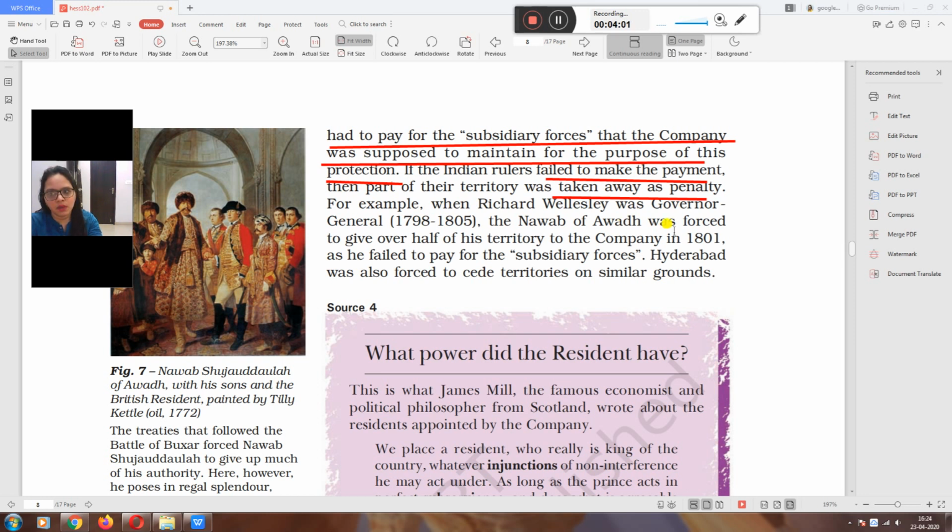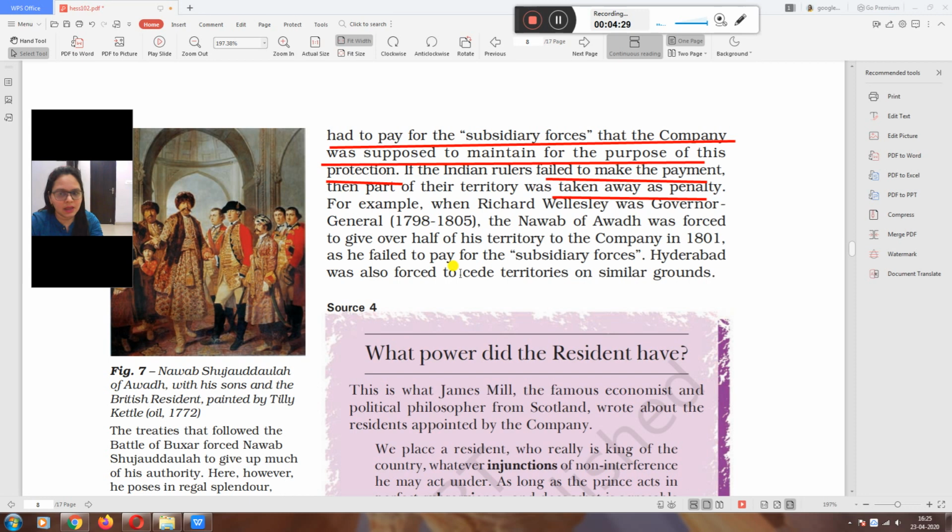He was forced to give over half of his territory to the company in 1801 as he failed to pay for the subsidiary forces. Hyderabad was also forced to cede territory on similar grounds. Hyderabad and Awadh were annexed by the British government because they had no money to pay the British government for the subsidiary forces.